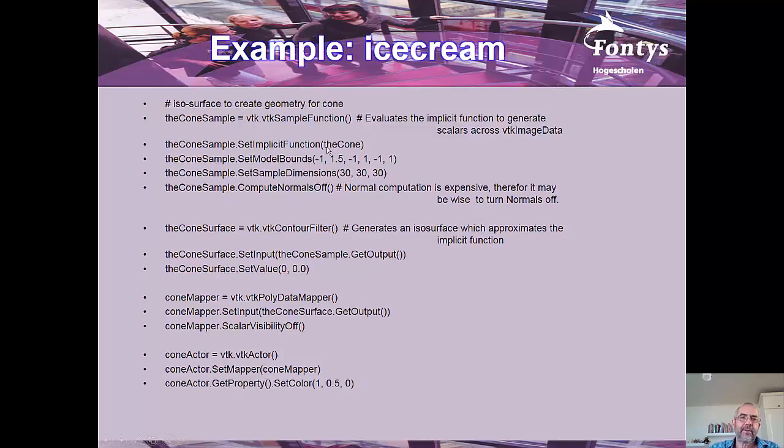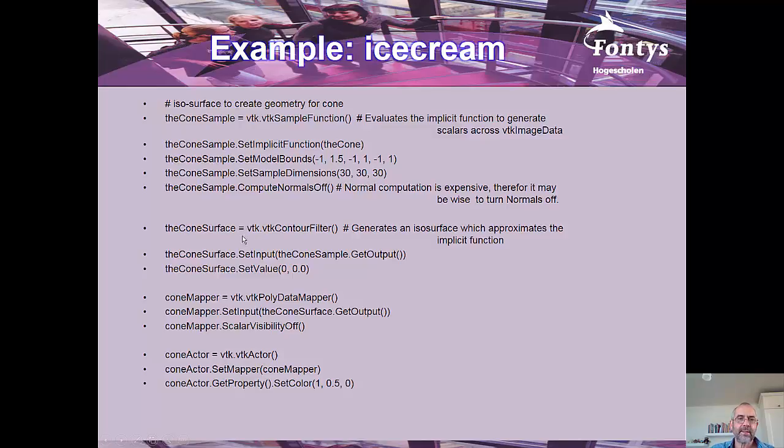First we have the sample function, which calculates the value for that function in a number of different points. We cannot calculate the function everywhere, that would be an infinite number of points. So we calculate the value of the function in a limited number of points. That's what the sample function does, in between these bounds. And we take so many samples for x and y and z direction.